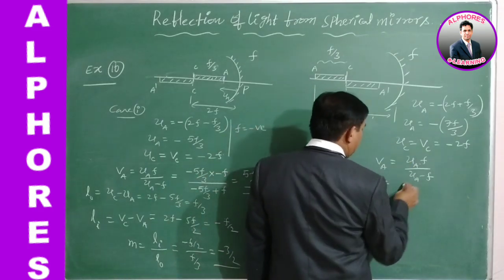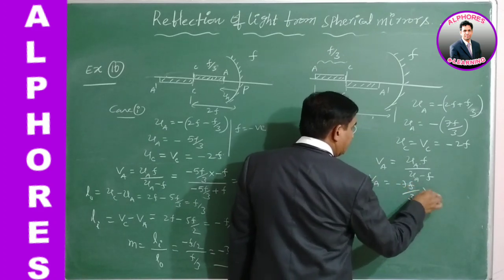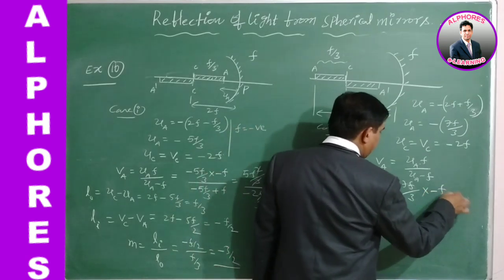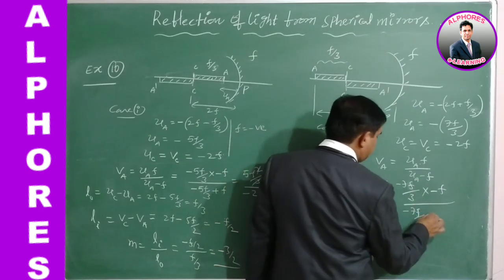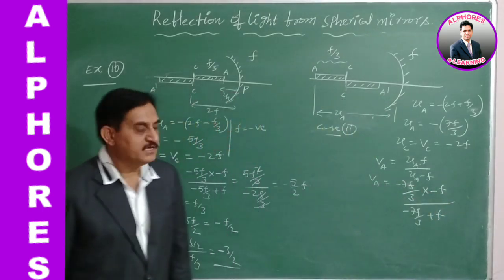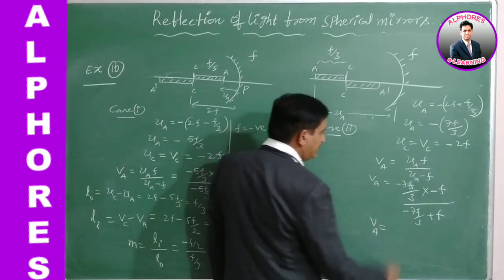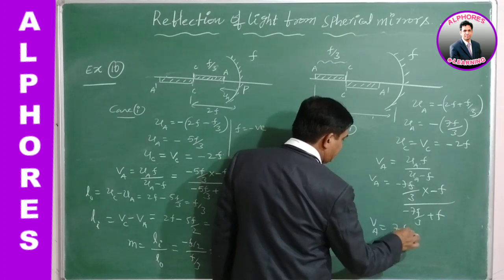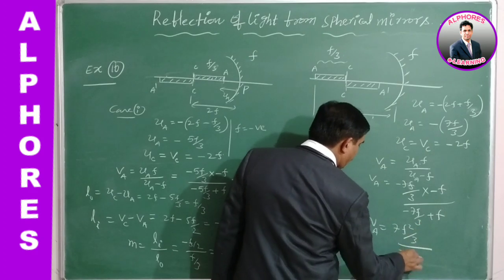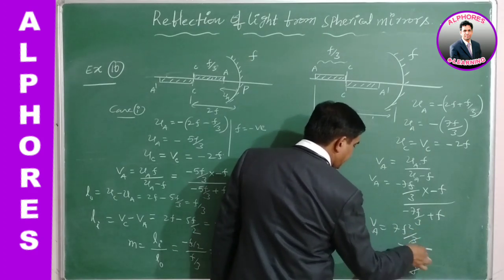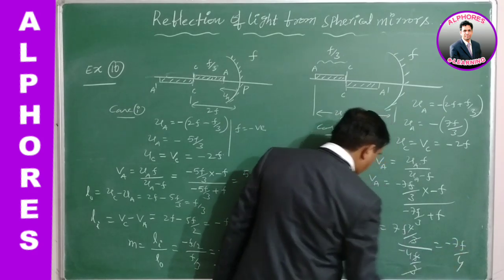So UA is equal to minus 7F by 3, into F by minus 7F by 3 plus F. Simplify this. So VA you will get minus 7F square by 3 by minus 4F by 3. The 3 gets cancelled, F gets cancelled. You will get minus 7F by 4.